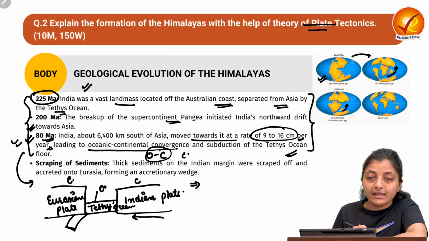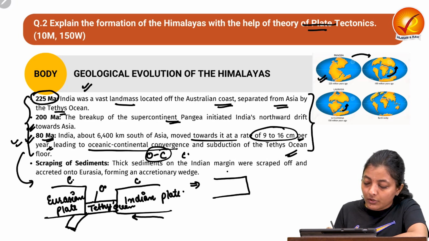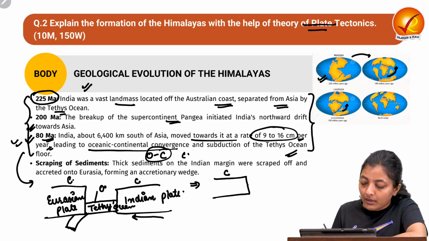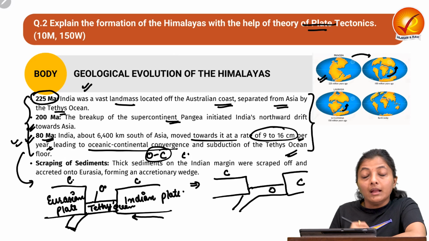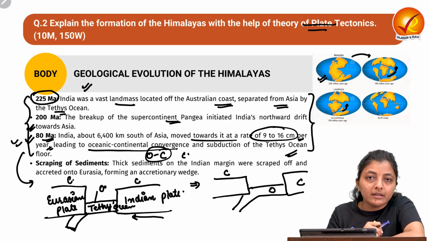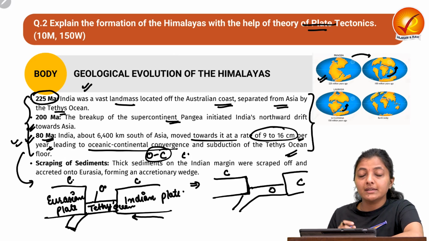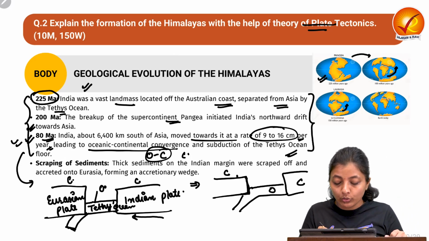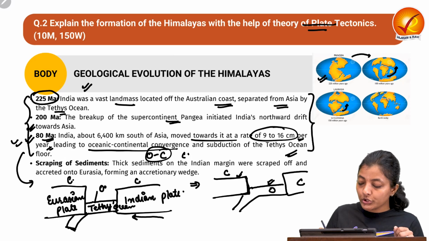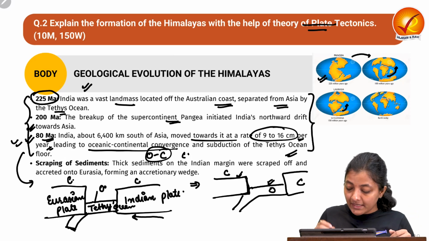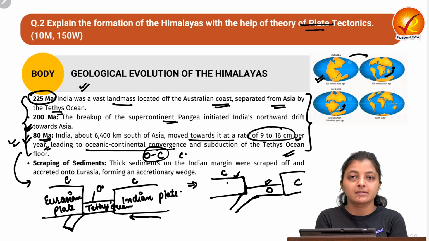Now what we are seeing is, this is a continental plate, this is a continental plate, and this is an oceanic plate. Because the oceanic plate is heavier and the continental plates are buoyant, they do not subduct, and the oceanic plates, being heavier and denser, subduct beneath these continental plates.